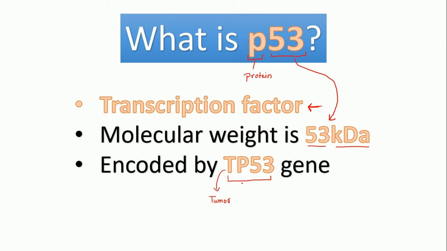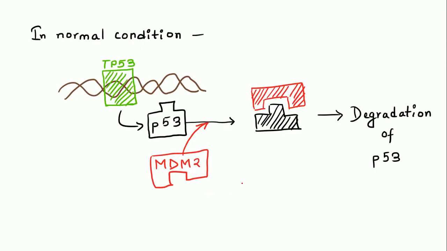Now, since we have the basics down, let's talk a little bit about the signaling of p53, how it works. In normal condition, when a cell is in normal condition, there is this continuous expression of p53 from the TP53 gene. So this expression is at a basal level, and there is another protein which is called MDM2, which checks the level of p53.